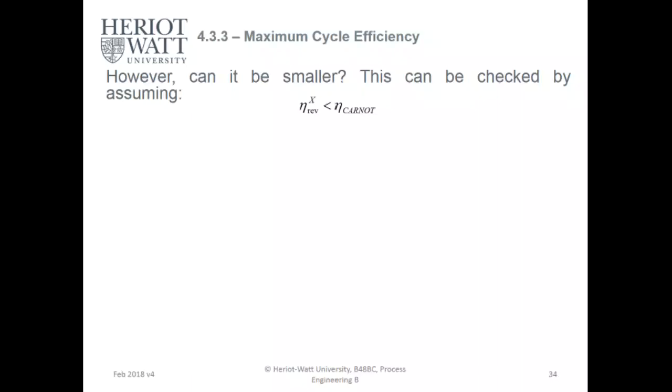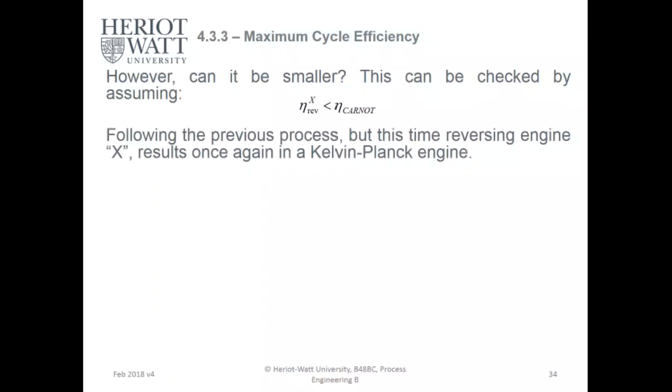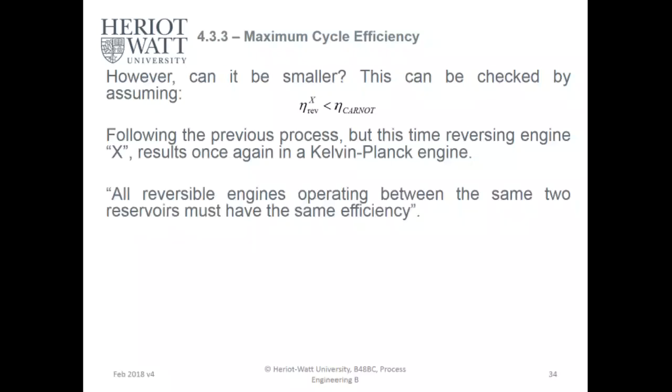However, can it be smaller? Well, yes. Following the previous process, but this time reversing engine X, resulting once again in the Kelvin-Planck engine. All reversible engines operating between the same two reservoirs must have the same efficiency, hence the efficiency of X equals the efficiency of the Carnot cycle, (TH minus TC) over TH.